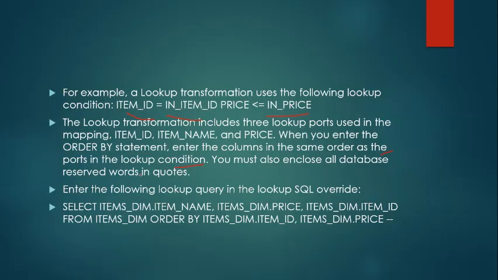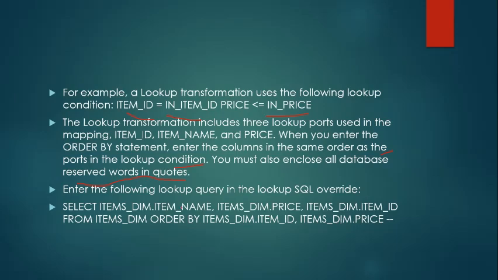Don't write a different order, right? You must also include all database reserved words in double quotes like this. Enter the following lookup query: select item name, item price, and item ID from this table order by item ID and item price, then dashes.